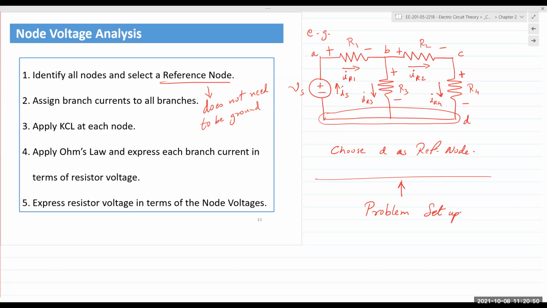If IR1 is going from left to right, all it means is that point A is higher than point B. It means the voltage at A is higher than the voltage at B. Similarly, voltage at B is higher than the voltage at C, voltage at C is higher than the voltage at D. That's all it means. So if the current direction was opposite, the polarity also would be opposite of what we have chosen here.